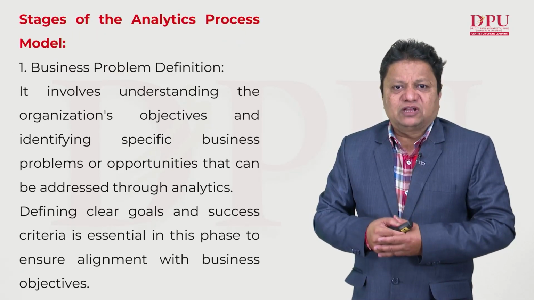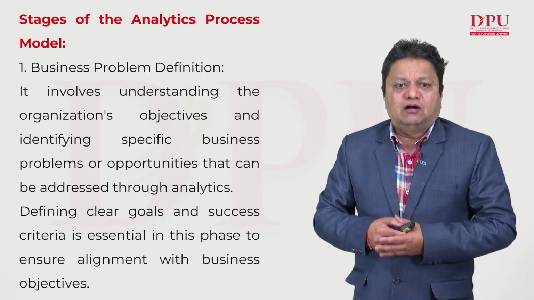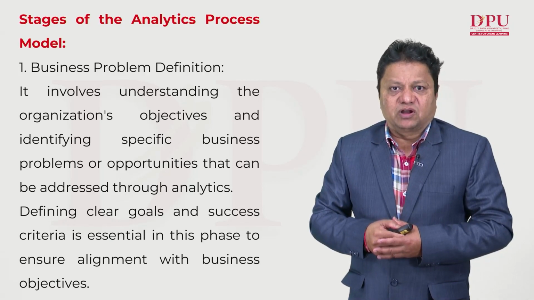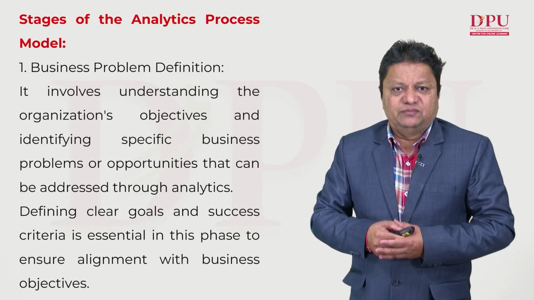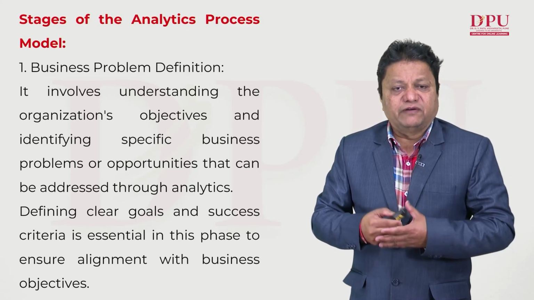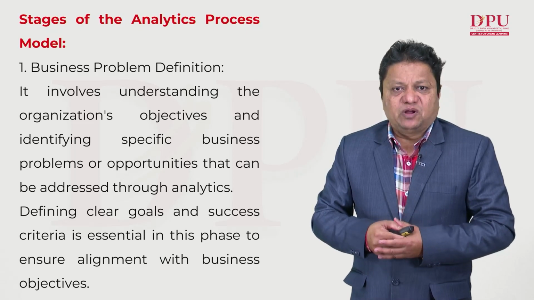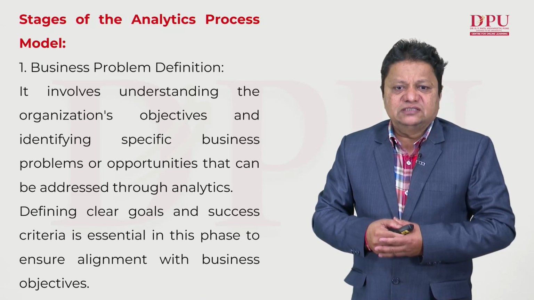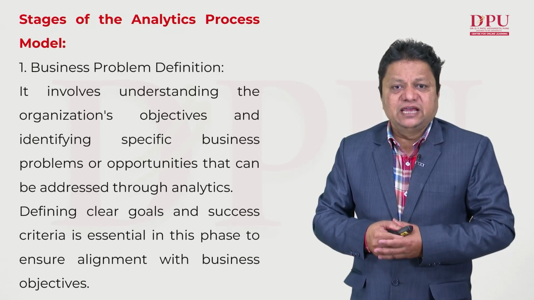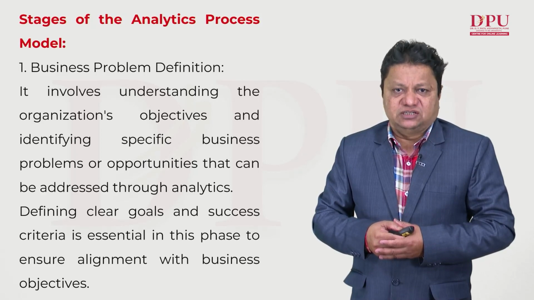Now, let us look at what are the different stages of analytics process model. Like I said that there are different phases, starting from defining the business problem to finding a solution to the business problem. So, the first phase of the analytical process model is defining the business problem, or we can say business problem definition.